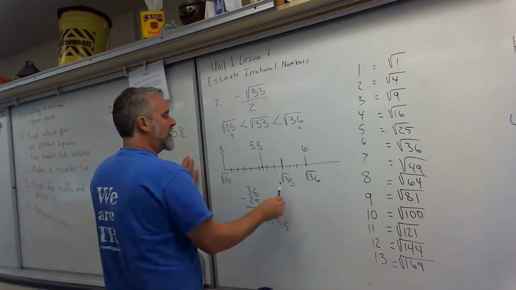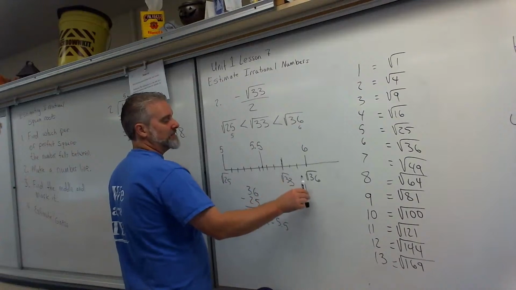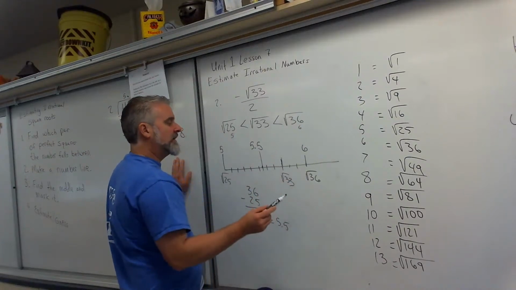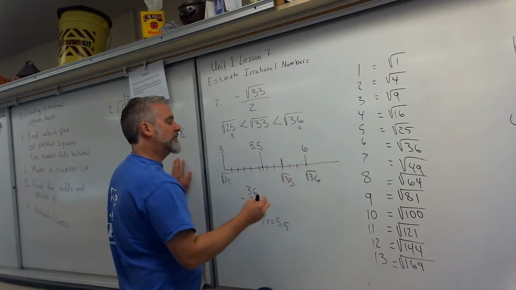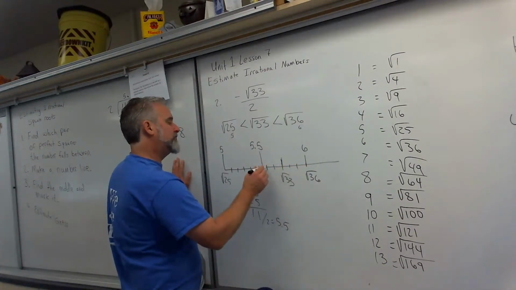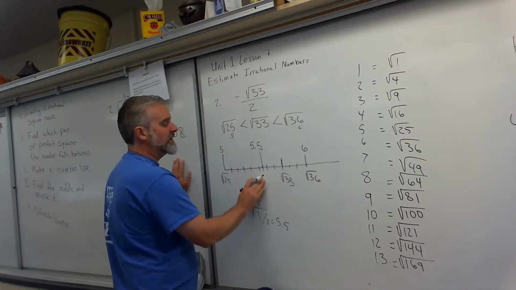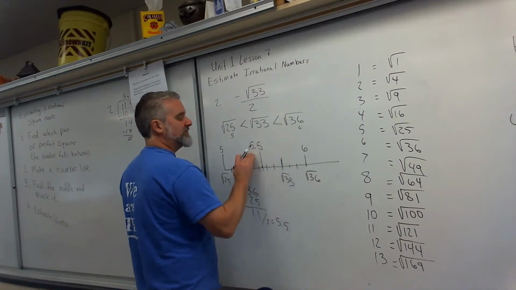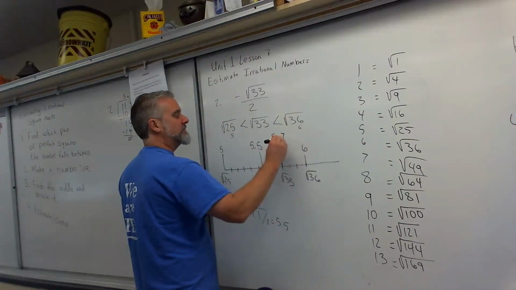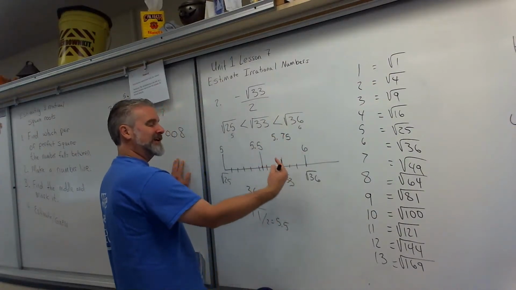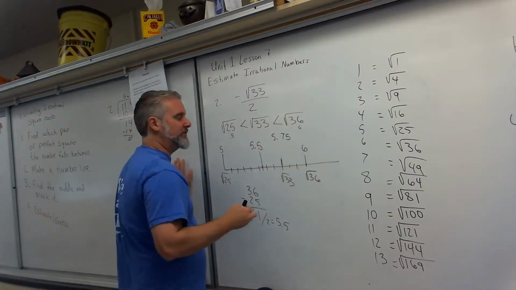So now I'm going to look at square root of 33. And where does it fall in between my 5.5 and my 6.0? So I see 1, 2, 3 lines from the right and 1, 2.5 lines from the left. So that tells me in between 5.5 and 6.0 would be 5.75, but it's a little bit less than 5.75.